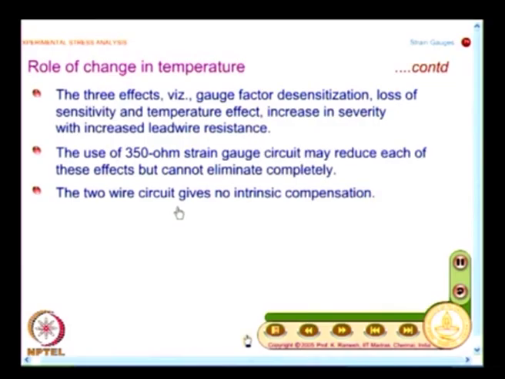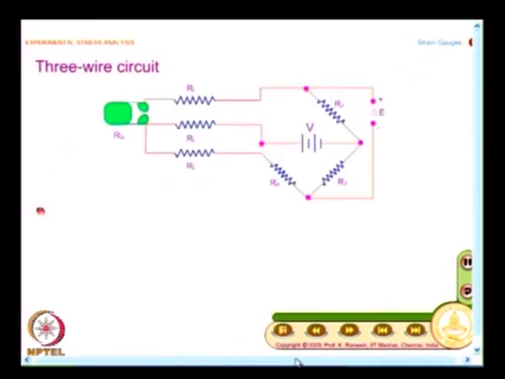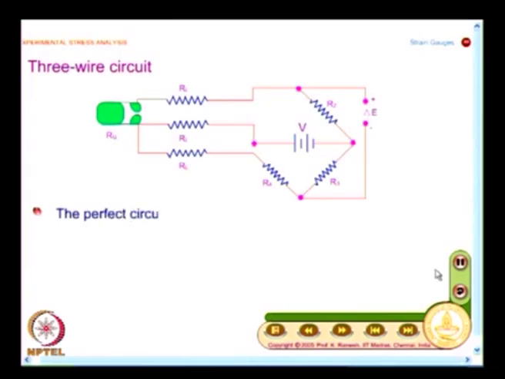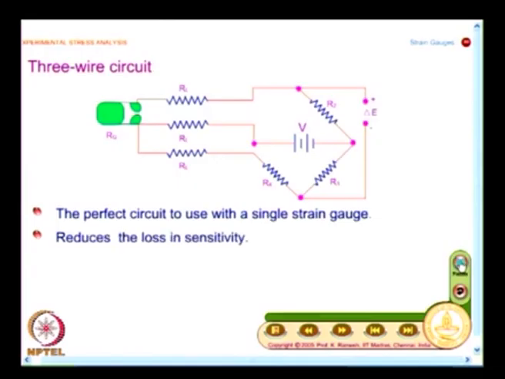The via media to overcome this is a 3 wire circuit. I want you to make a decent sketch of it, and instead of 2 wires coming from the strain gauge, from one of the tab ends I take 2 wires and intelligently connect them to the Wheatstone bridge.